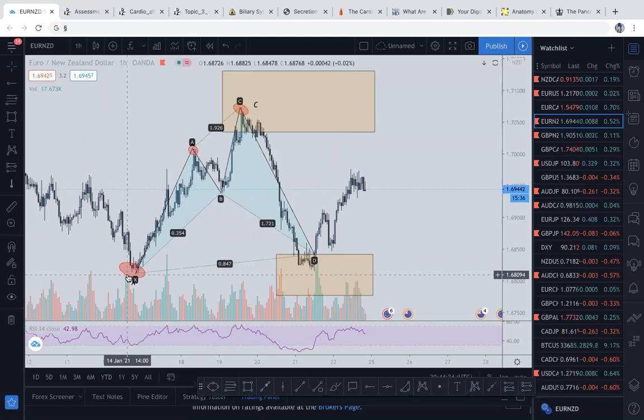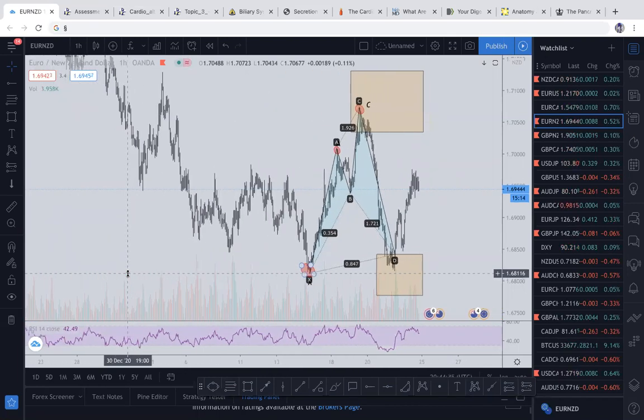For now, I wouldn't want to explain it. But if you want, you can go and backtest it and you'll see what it does. You can go and backtest the 0.94 fib and you'll see for yourself what it really does. You might surprise yourself.